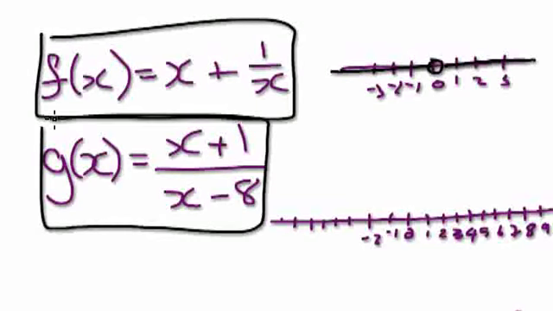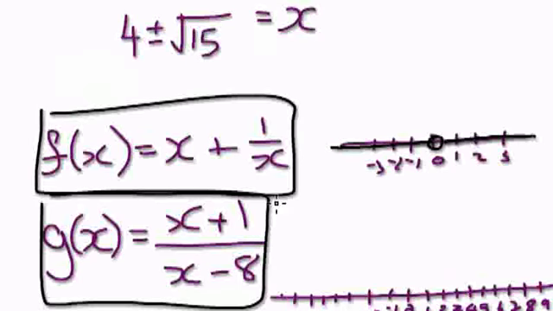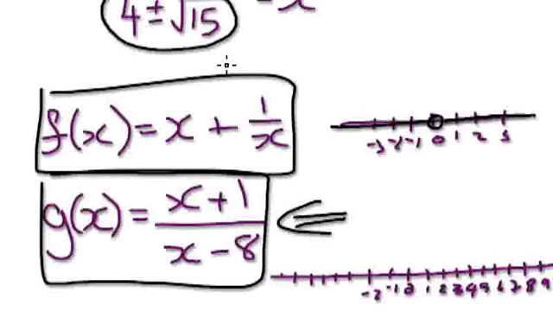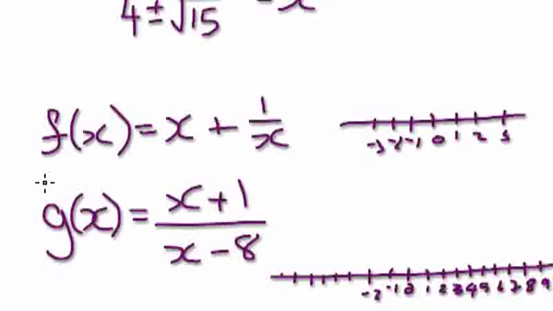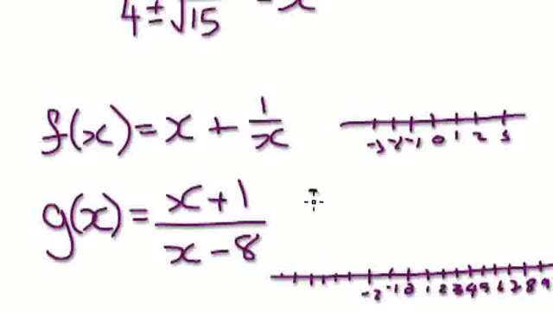Now looking at this here, remember this function here breaks down when x is 4 plus root 15 or 4 minus root 15. So what that means is looking at this function here, well, the function g f of x.